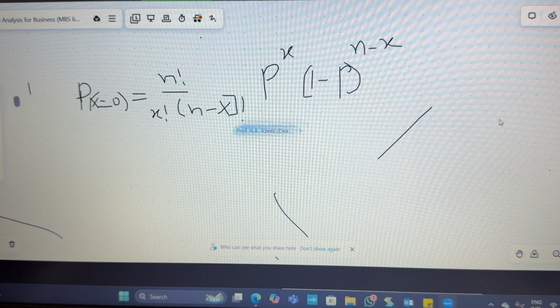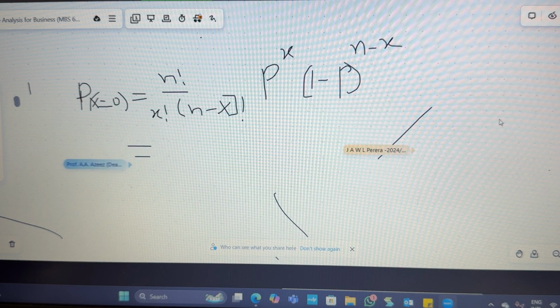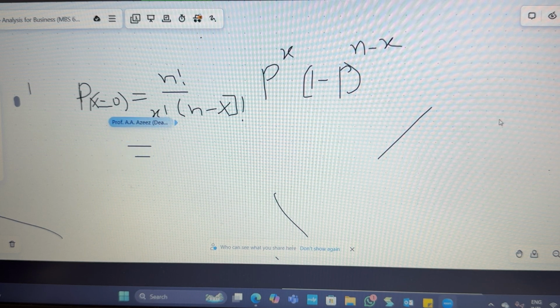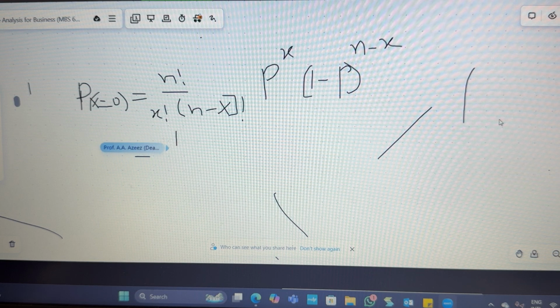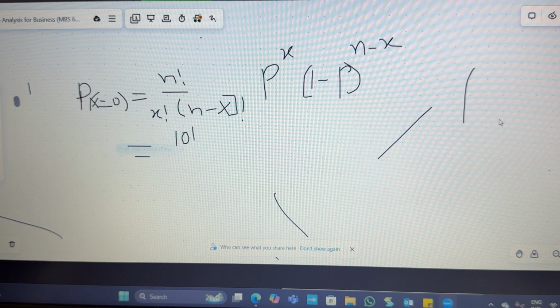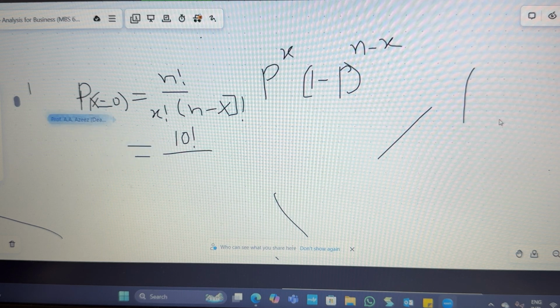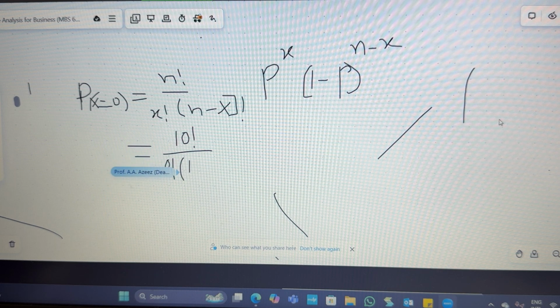So this is equal to, we know here n factorial, which is 10 factorial, divided by x factorial, here 0 factorial, then 10 minus 0 factorial.